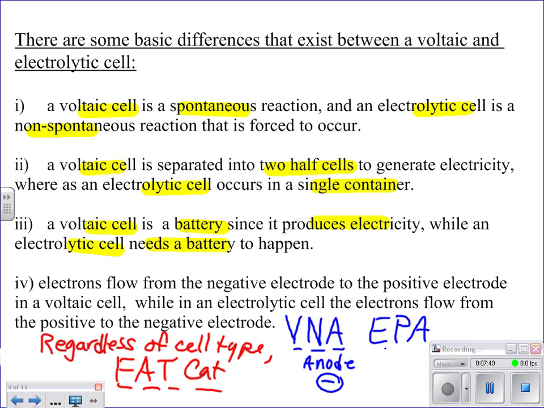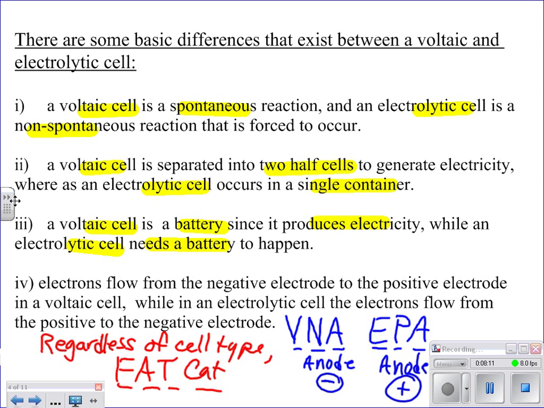And in an electrolytic cell, you have a positive anode. So here we have an anode that is positive. So that's the biggest difference. That's what that blurb is really trying to tell us, that we have different charges on our anodes for the voltaic and electrolytic cells. It's still always going to flow from the anode to the cathode for your electrons, but you've got different charges there because we're giving it a push.